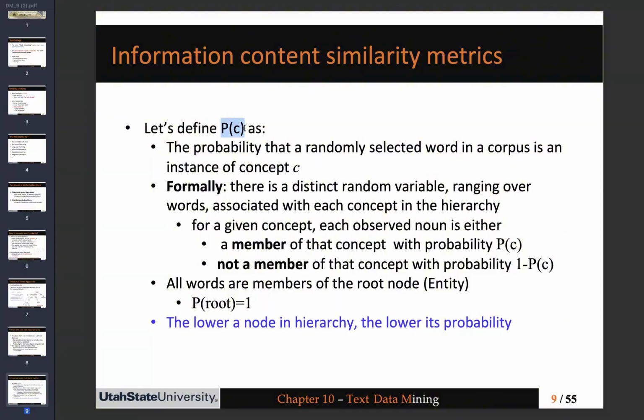So the root node always has a probability of 1, right? Because that's the most probable word in our WordNet. And the lower we go down the hierarchy in our WordNet, the probability gets lower because the words are getting more specific, and so we're getting smaller probabilities. And that's because specific concepts occur really less frequently in the text than the root nodes.